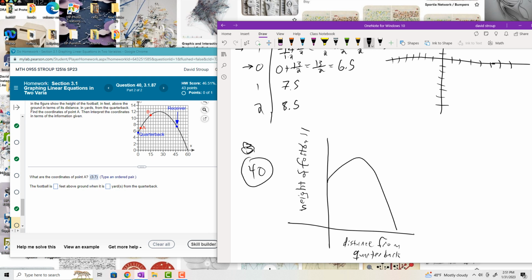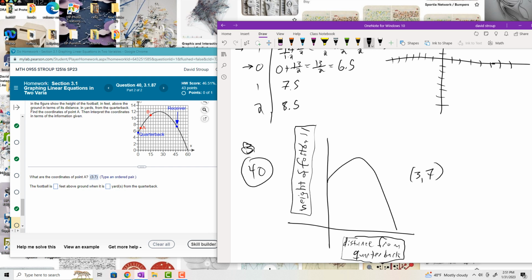Okay, so I kind of have to then say, okay, what does this point A, this 3, 7 represent? So the x coordinate is the tick marks on the x-axis. That's the distance from the quarterback, right? And then the y coordinate is the height of the football. So when the football is 3 units, I guess, is it feet?